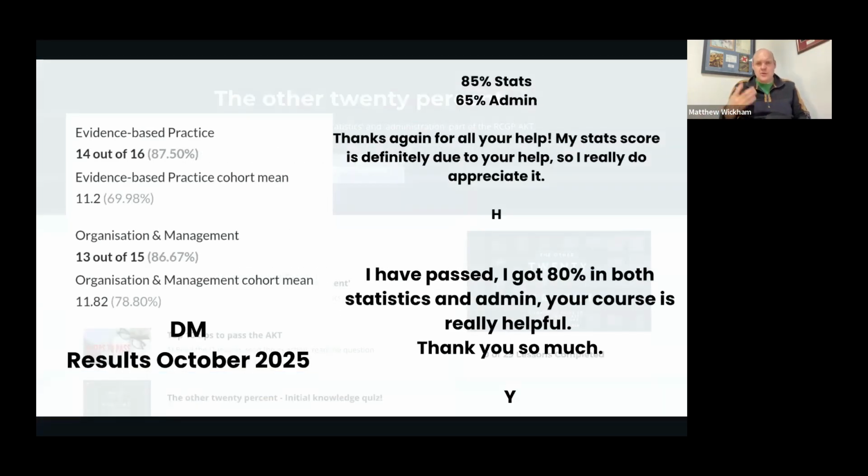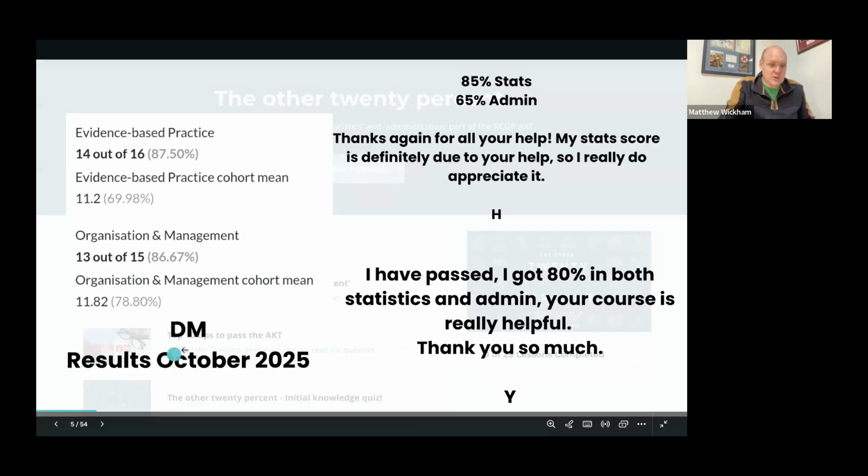It's now coming up to the fourth exam that people have used the AKT course. What's really brilliant is that, just to be mindful of, in October of this year, the AKT changed in terms of the timings and also the number of questions, which is good and bad. It means that you're in the exam period for fewer minutes, but if you really struggle with your stats and the admin, look at this: you're only getting 16 stats-based questions and 15 organization management questions, which means you have to be really confident in this area to boost your score.